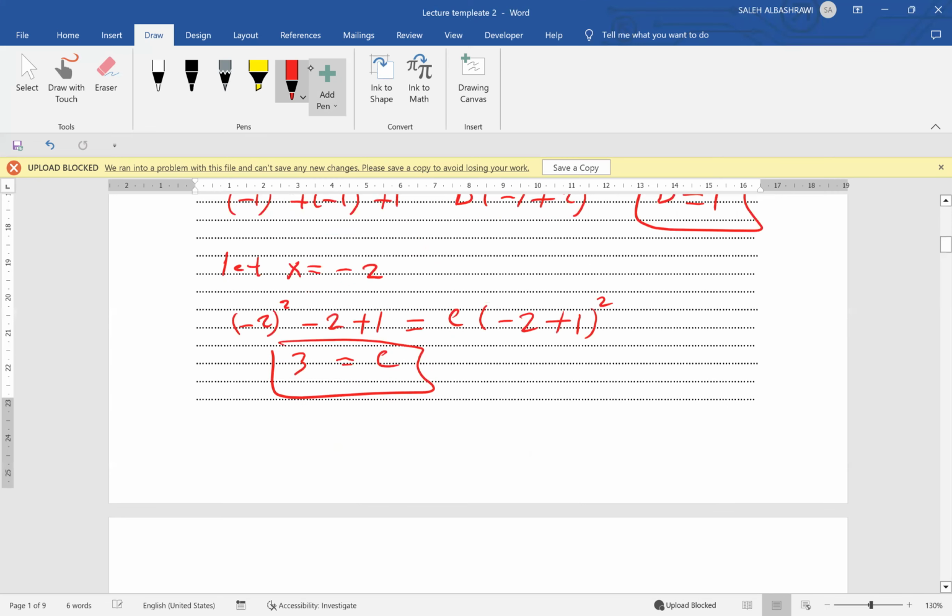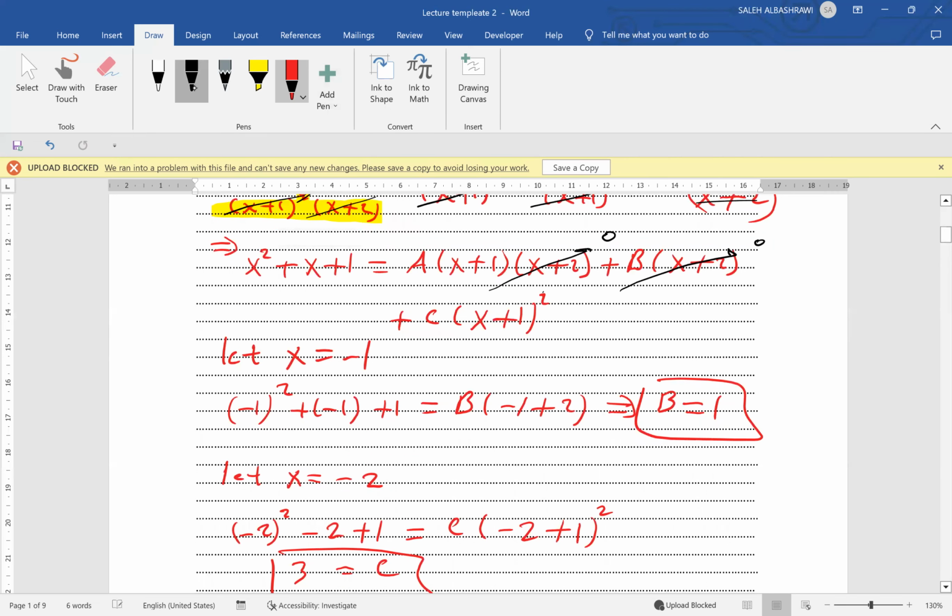Some terms are 0, and x will be removed.